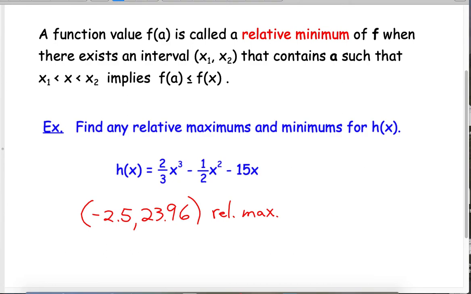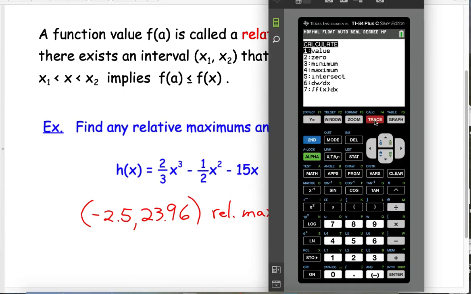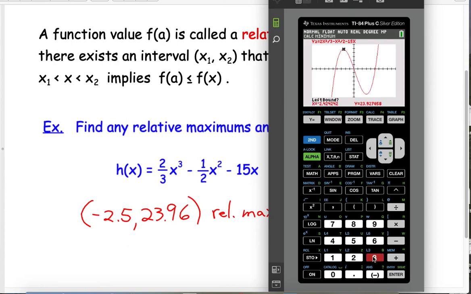Okay, now let's find the relative minimum. Let's go back to our calculator. And once again, we'll press second trace to the calculate menu. This time I'm going to do number 3, minimum. And now I could hit the right arrow to get it all the way down there, but I'm just going to punch in 2. So it jumps right to there. And then I'm going to punch in 4, and then I'm just going to press enter for the guess.